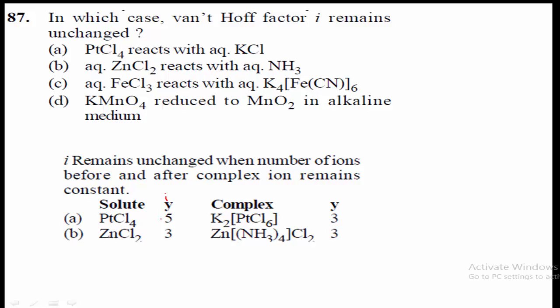In K2PtCl6, the Van't Hoff factor is 3, and in Zn complex the Van't Hoff factor is again 3. Therefore option B is the right answer. That is ZnCl2, when it reacts with aqueous NH3, the Van't Hoff factor, that is i value, remains unchanged.